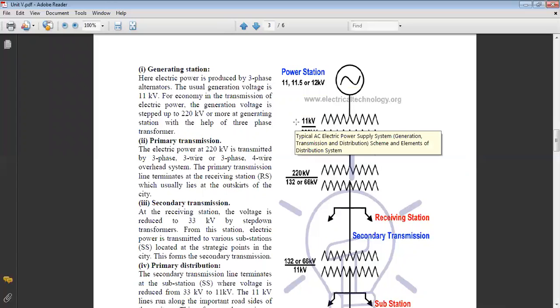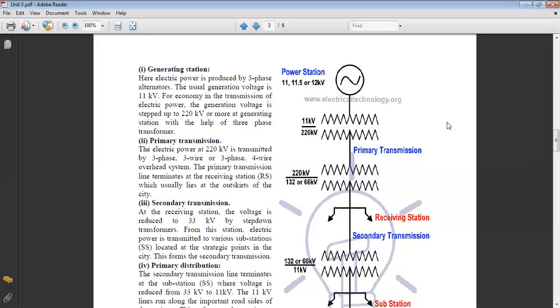Already you have studied the step-up transformer. We are stepping up the voltage, meaning the voltage is increased, but the corresponding current will decrease. That's why the area of the conductor will reduce. Try to understand.